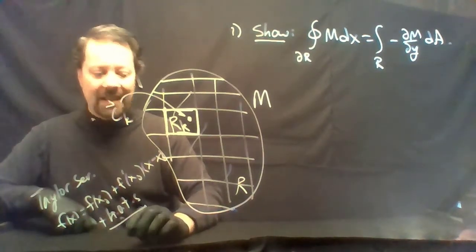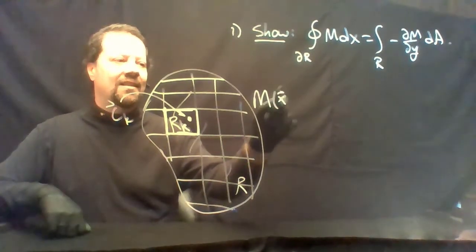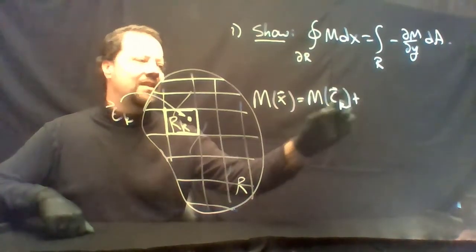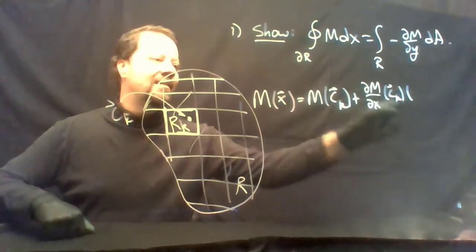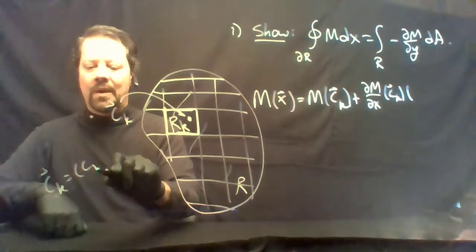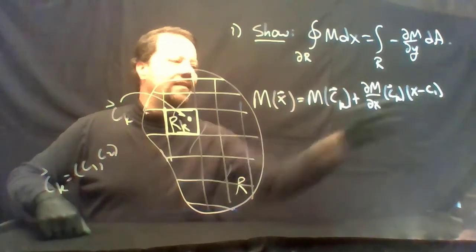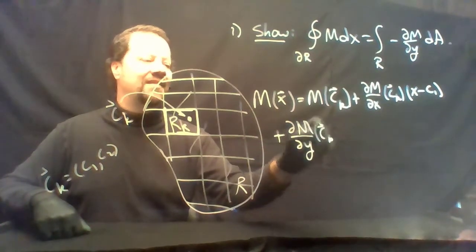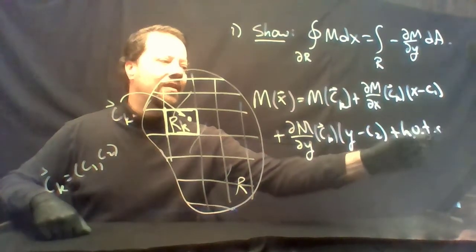In multivariable cases, it was a little different. In the multivariable case, we had m of x is equal to m of ck plus the derivative of m with respect to x at ck, where if ck has coordinates c1 and c2, we'll have x minus c1 plus dm dy at ck times y minus c2 plus higher order terms.